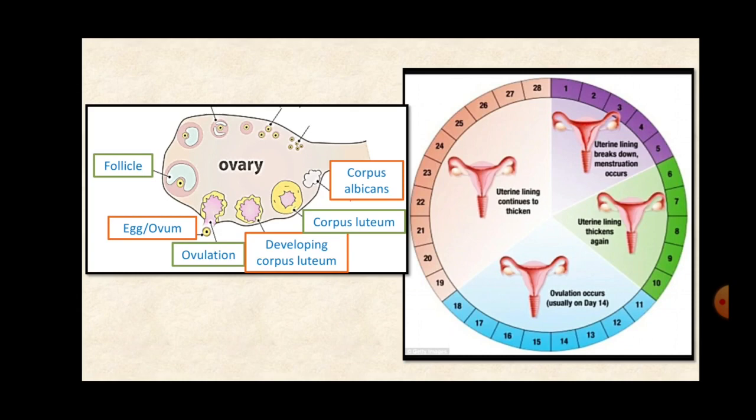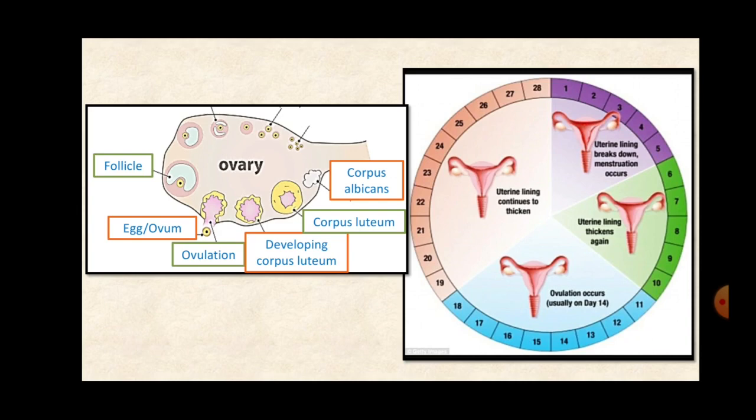The most important thing I'll tell you, students: this menstrual cycle is very natural, and it cannot be controlled by human interference. During these days, women experience a lot of pain, a lot of changes in the body, severe weakness, and heavy bleeding. Again, it depends from person to person.